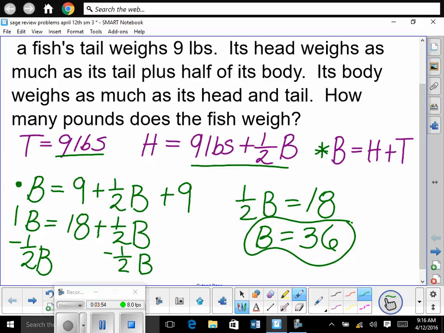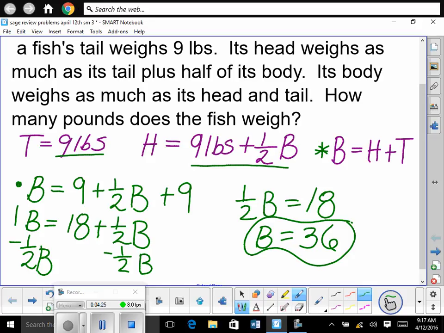Well, remember that body is the head plus the tail, so you wouldn't add up a head and a tail twice, right? So the body weight of the fish is the head weight plus the tail weight, so wouldn't that be the full weight of the fish? Does that make sense?